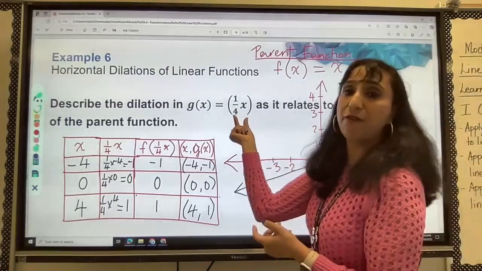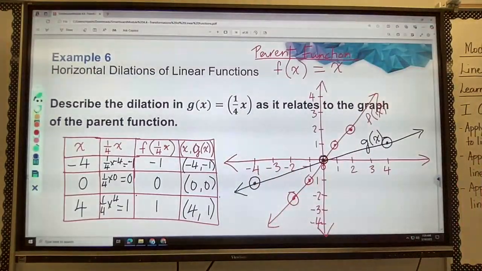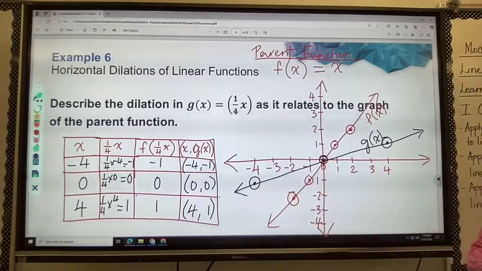And that's why it's a fraction. It is 1/4. And so the graph of f of x is equal to x is stretched horizontally by a factor of 1/a. So this is how horizontally it is going to be stretched by a factor of 1/a, or 4.